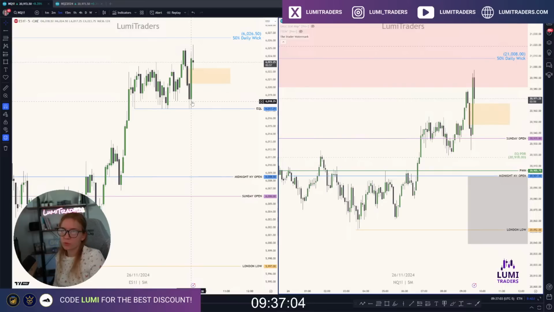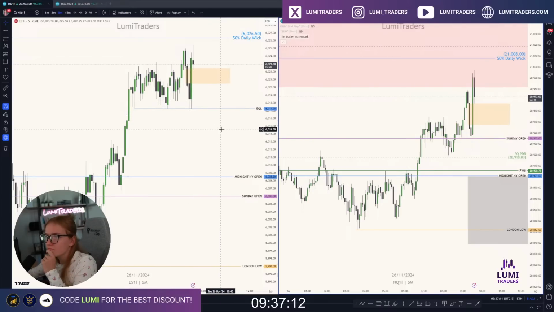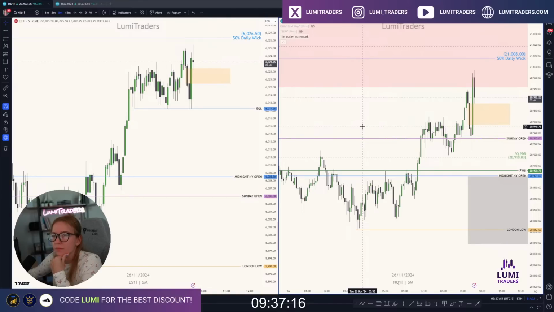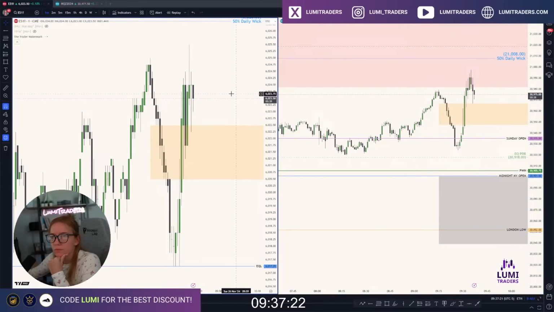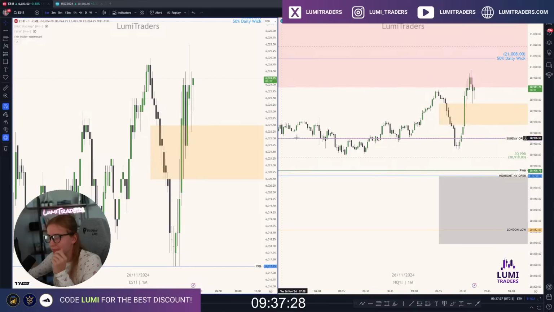Because look at this 5-minute chart. These equal lows, like, come on, no way you're going to leave this. Let's see the 1-minute chart. I hate to use this kind of chart when we have lots of volume imbalances.